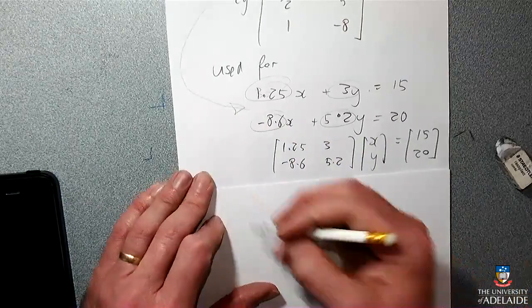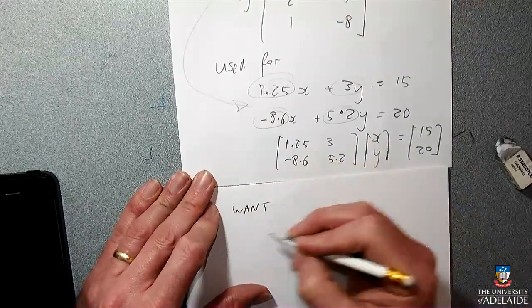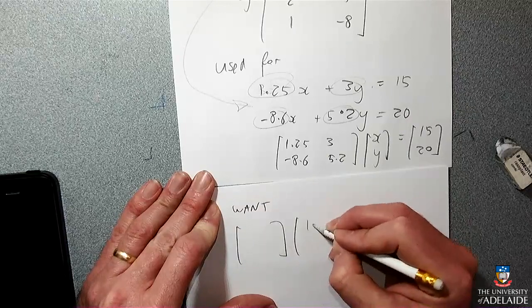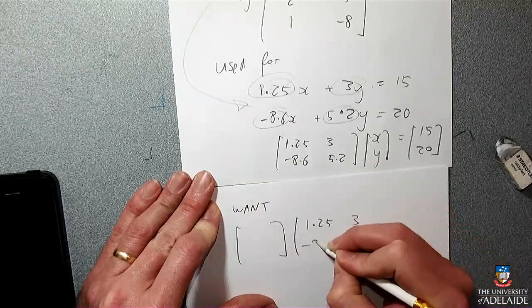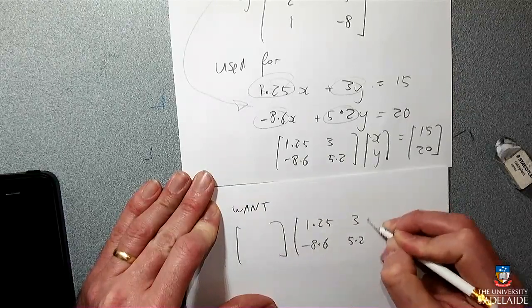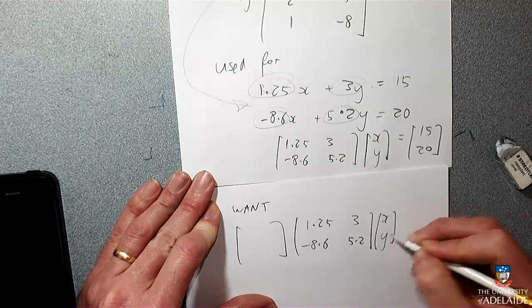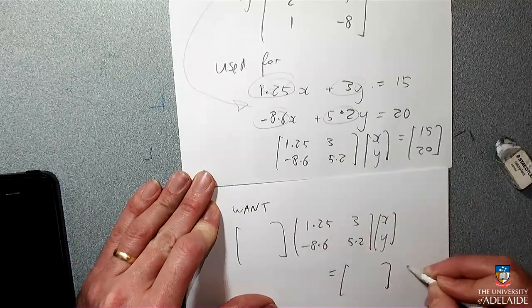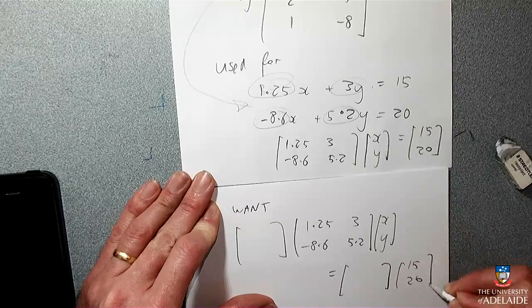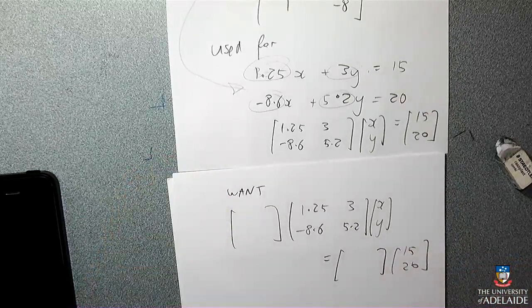So that's the goal. What we want is to be able to put something here, just like with any equation, you can multiply both sides by something.